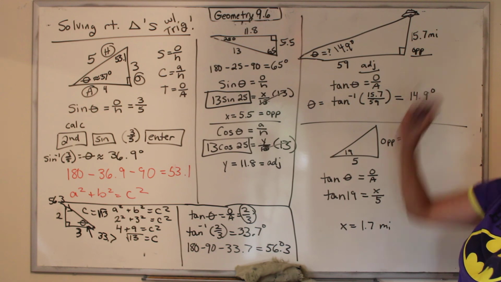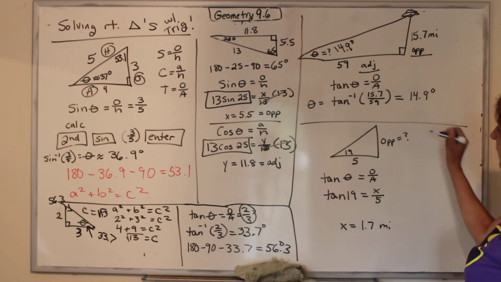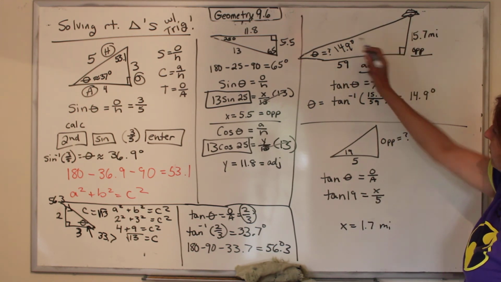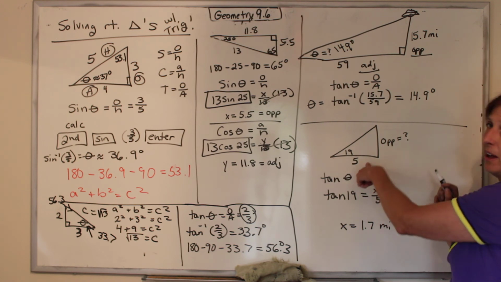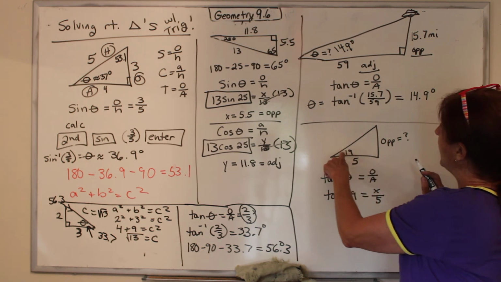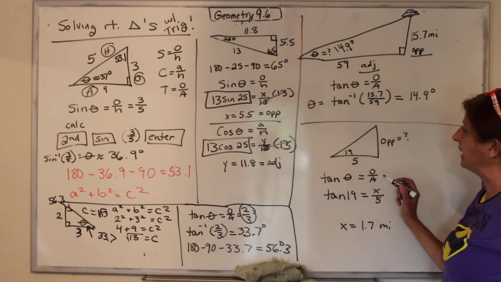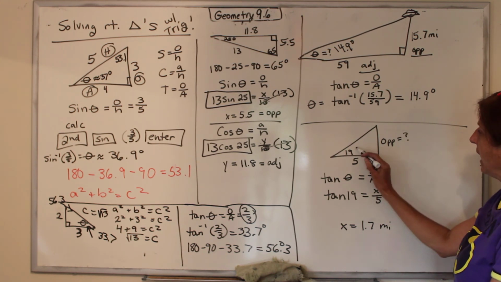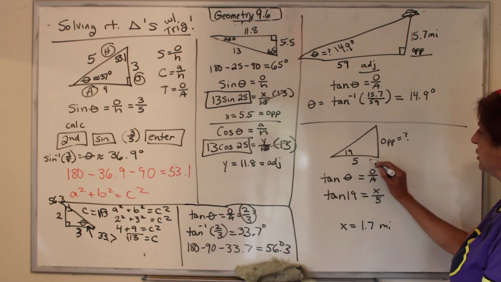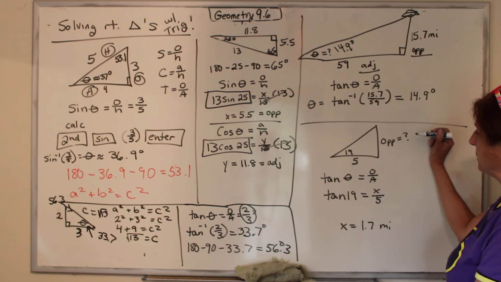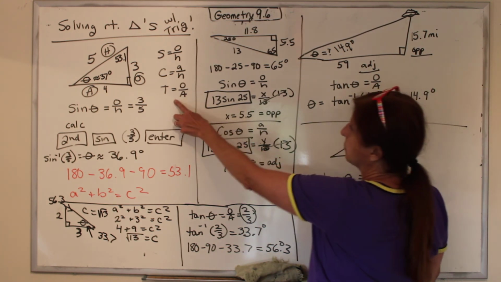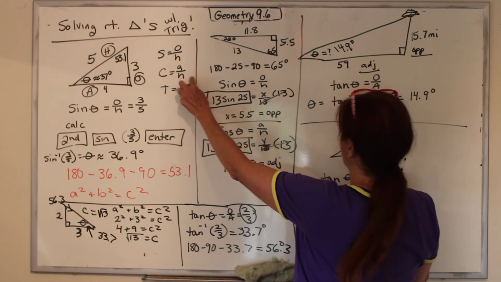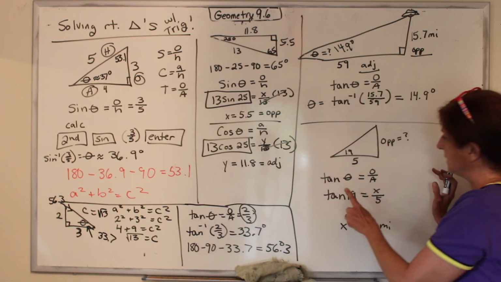Now they didn't ask us to solve the rest of it here. Then they said the space shuttle flies on and it gets 5 miles away from the airport and its angle increases to 19. They want to know how high up in the air is it. So we have theta and we have adjacent, we need opposite. So once again, we're going to use tangent because we want opposite and we have adjacent.